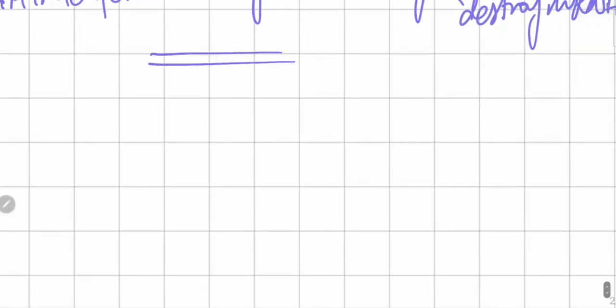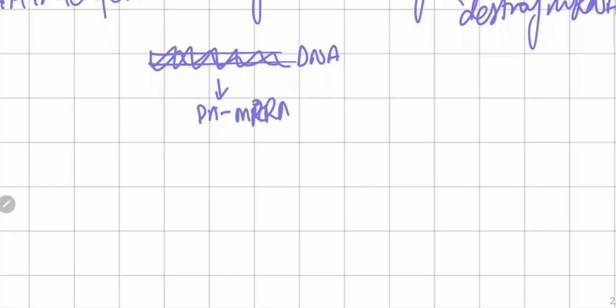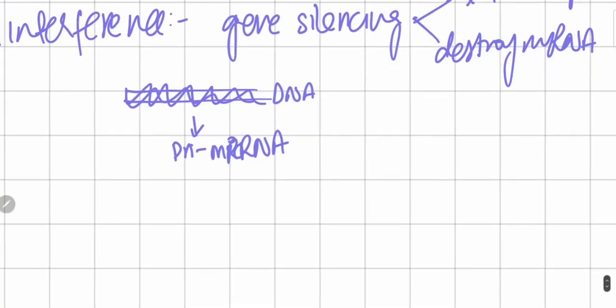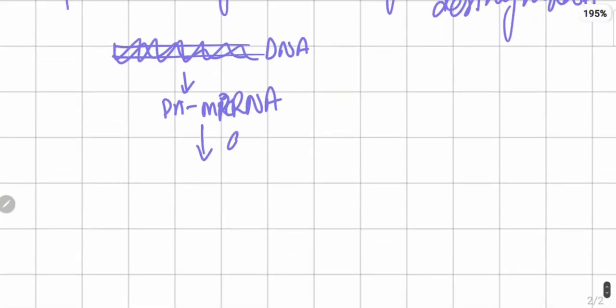This is our DNA. It is going to make our, let's say, primary RNA, so this is our primary microRNA. There is an enzyme called Drosha.